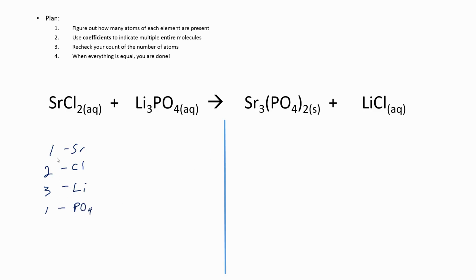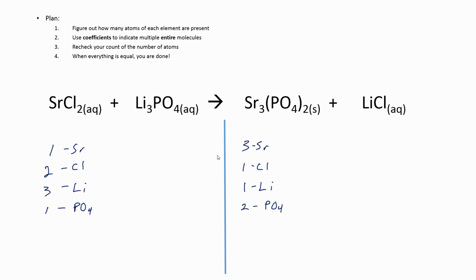I'm not really including the charges here. They neutralize out since everything's neutral. Then 3 strontiums, 2 phosphates. I keep them parallel to each other because that makes it easier to balance. 1 chlorine and 1 lithium.